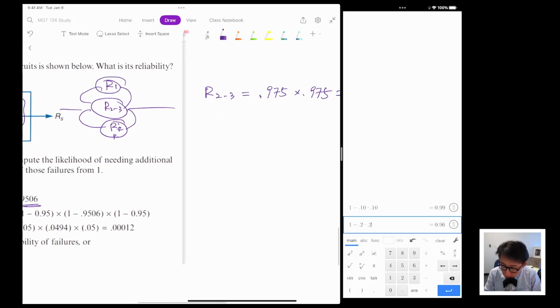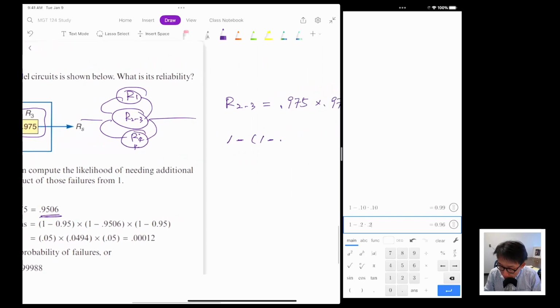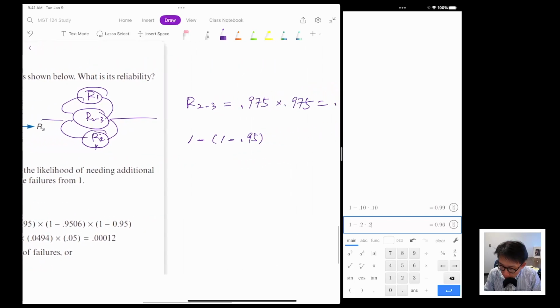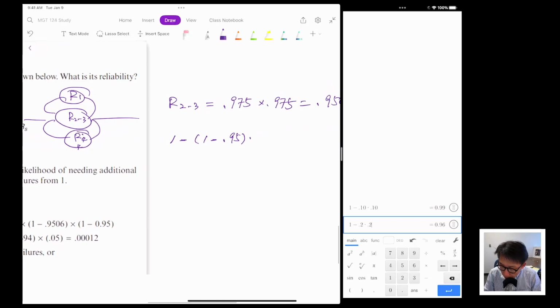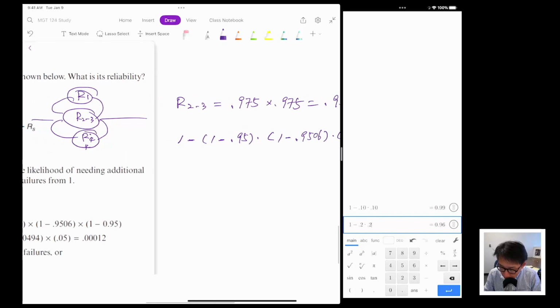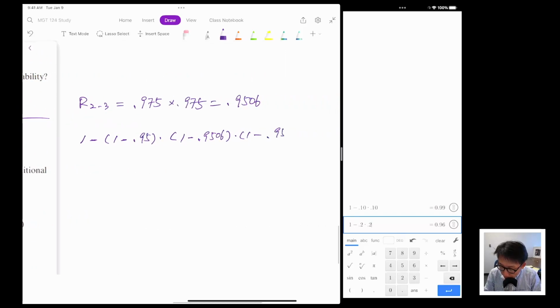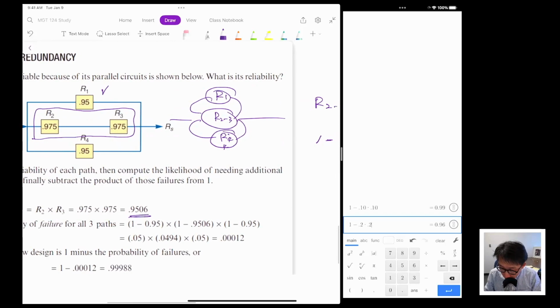Therefore, what you need to do is 1 minus reliability of R1, which is 95%, multiplied by reliability of R2, 3, 0.9506, multiplied by 1 minus 95%, which is the reliability for R4.